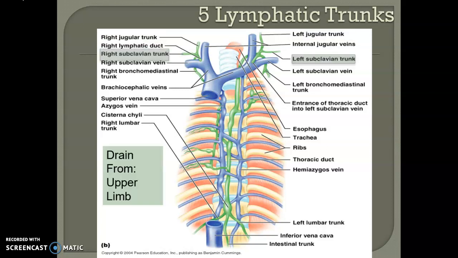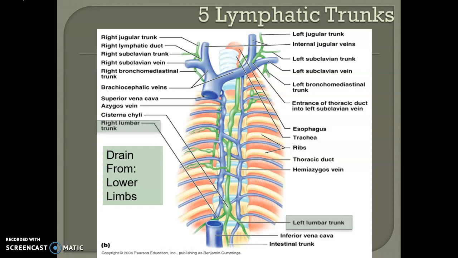Next, we have the subclavian trunks, and the right and left subclavian trunks drain the upper limbs, breasts, and our thoracic wall. Then we have left and right bronchomediastinal trunks, which drain the deep thoracic structures.